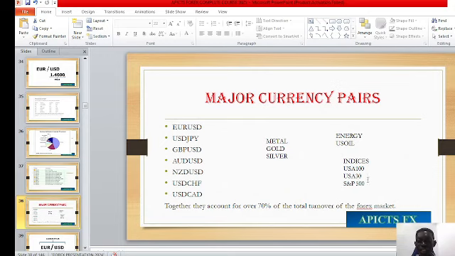I love USA 30. I love these two because they trend a lot. You can make massive money from these indices. They are remarkable. They are amazing.